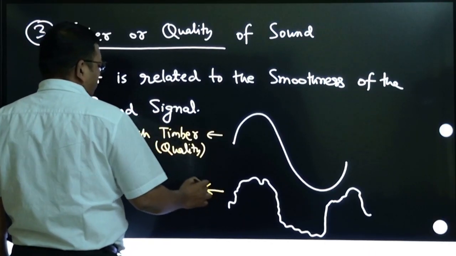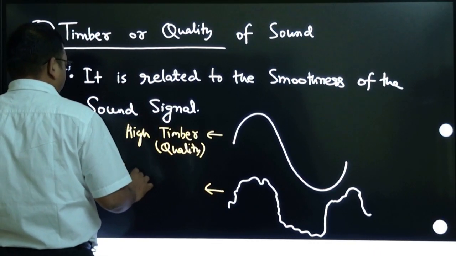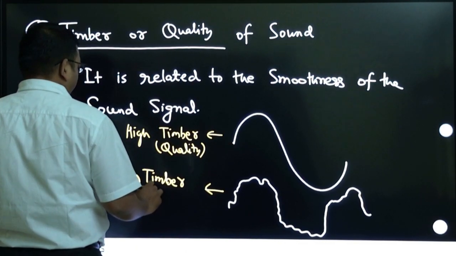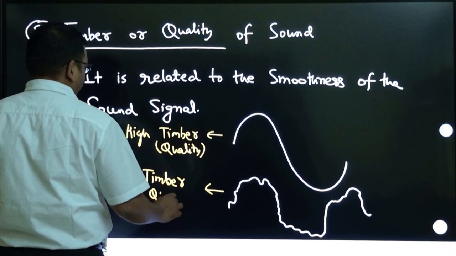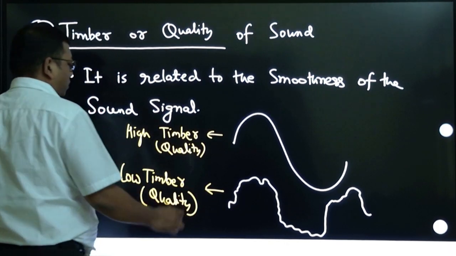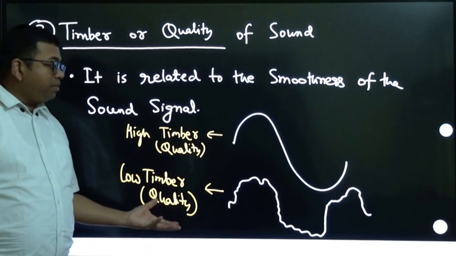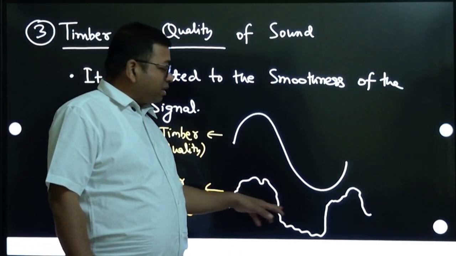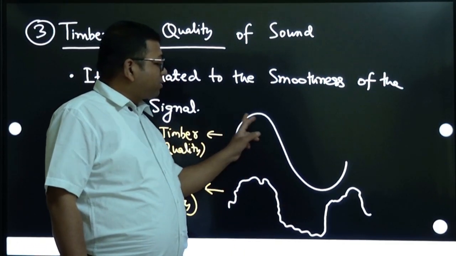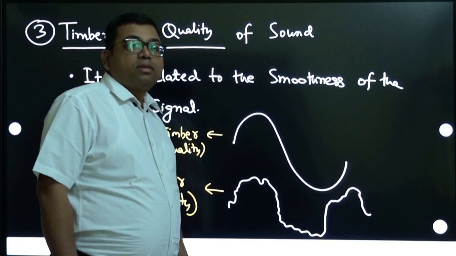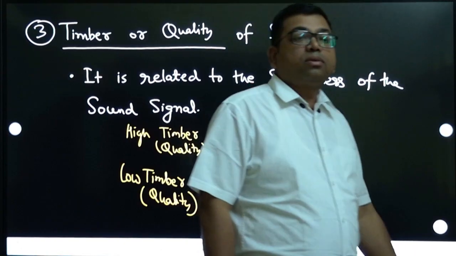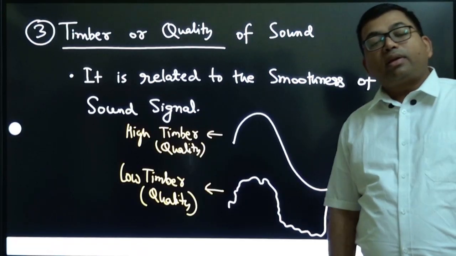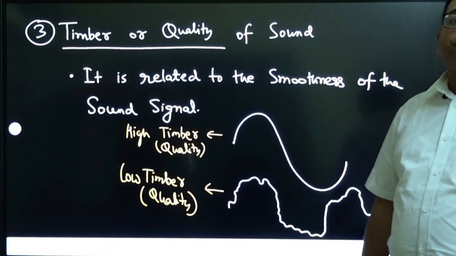And this is known as low timbre or low quality. Quality is low here because it's a rough signal, it is not regular, it's an irregular graph. This is quite a regular graph. That's the difference between high timbre or high quality and low quality. Are you clear about this? Yes.